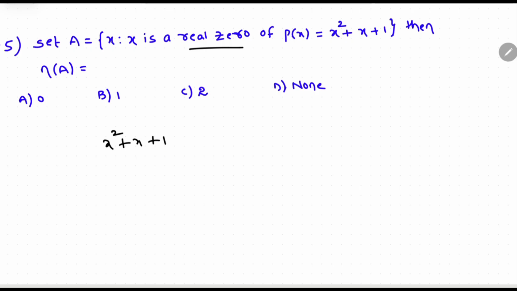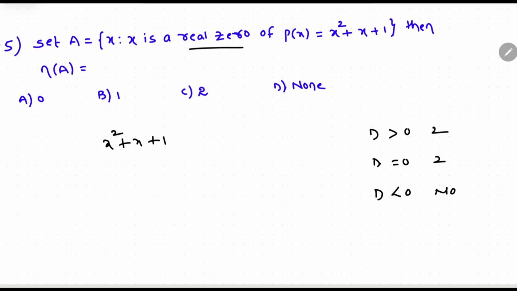Here we have at most two zeros, but when we find the discriminant D: if D is greater than 0, two real and different roots; D equals 0, two real and equal roots; if D is less than 0, no real roots, or no real zeros.